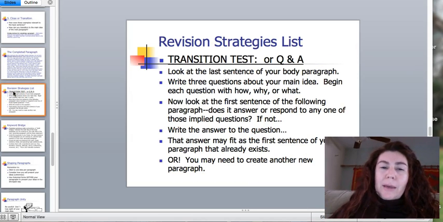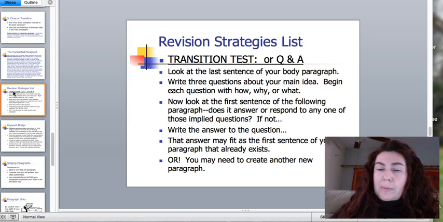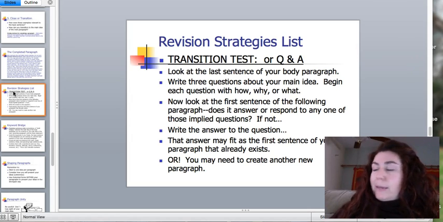What I'm going to talk about next is transitions. So we've talked about the various rhetorical forms, specifically the classical argument. We've talked about the basic paragraph format, and now we're going to be talking about transitions.